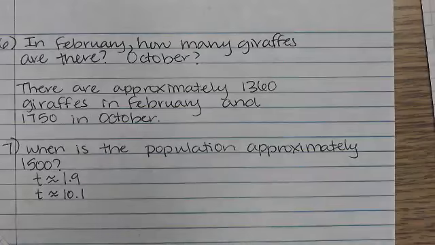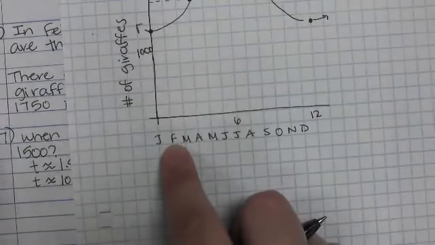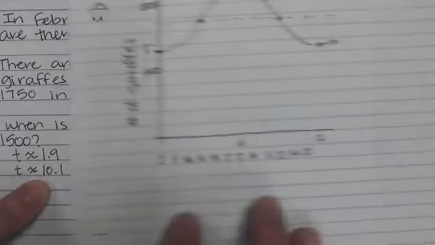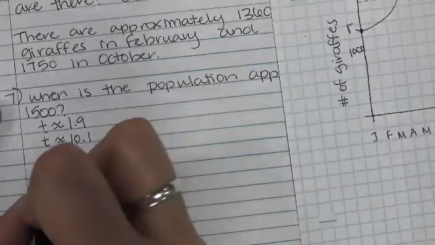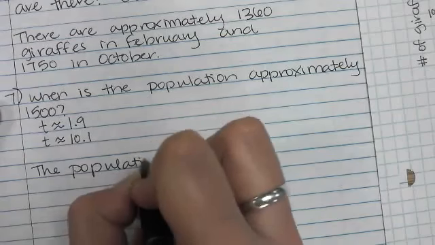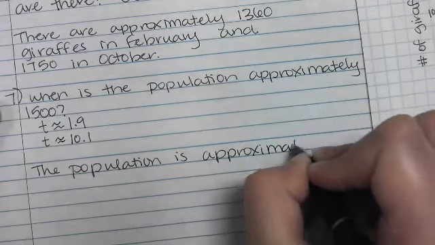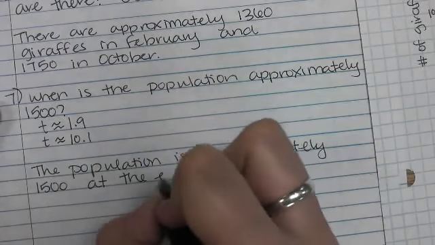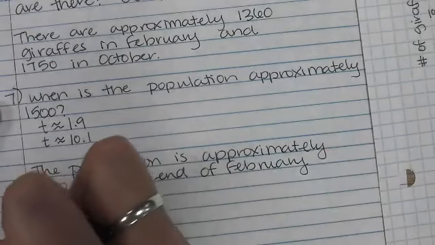So 1.9, the 1 goes with February. So 1.9 would be the end of February. And then 10.1 would be the beginning of November. So we're going to say the population is approximately 1,500 at the end of February and the beginning of November.